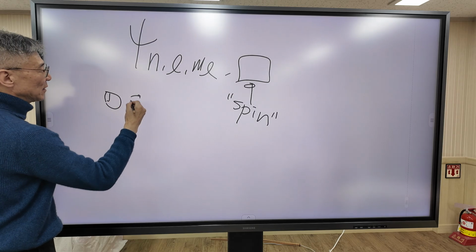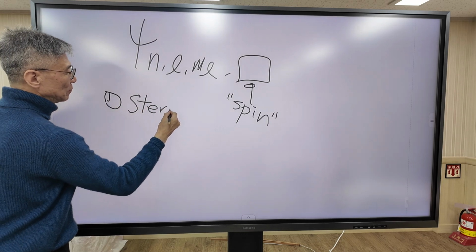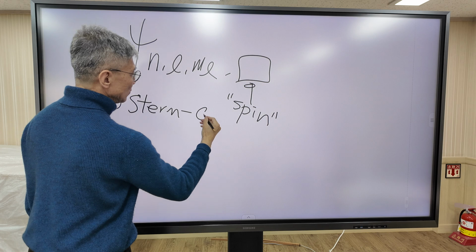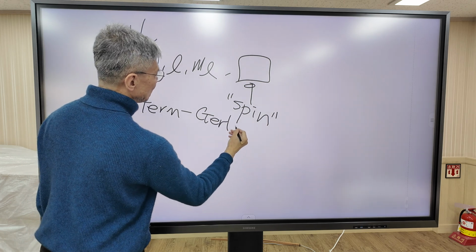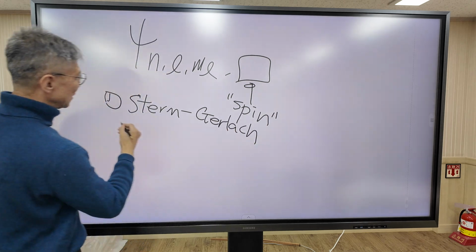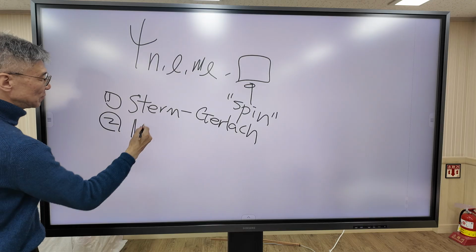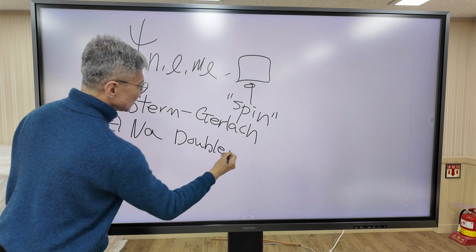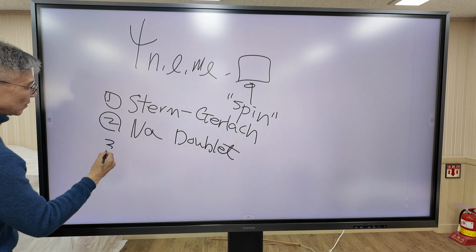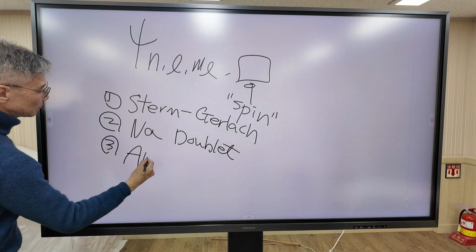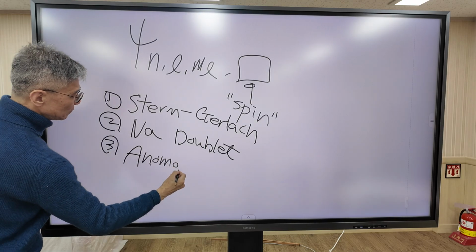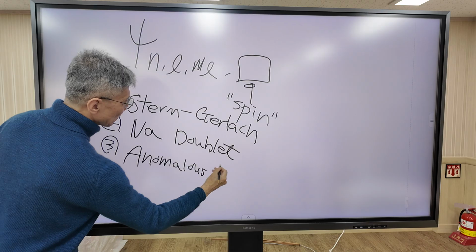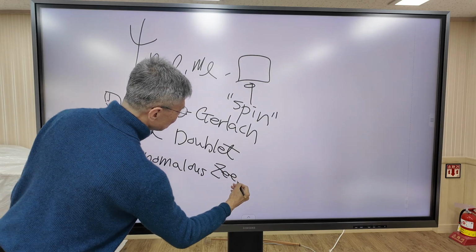First one is the Stern-Gerlach experiment. Second one is the sodium doublet structure. Third one is the anomalous Zeeman effect.